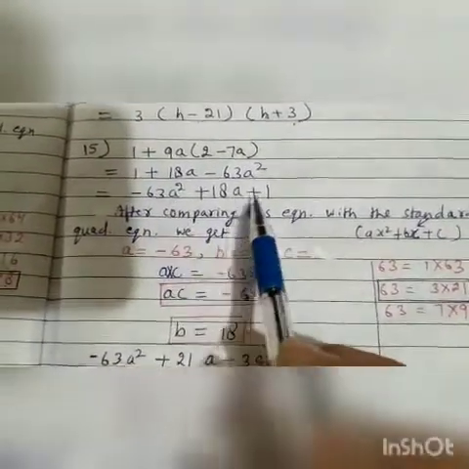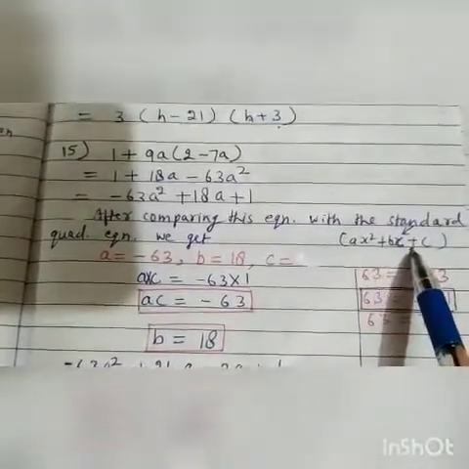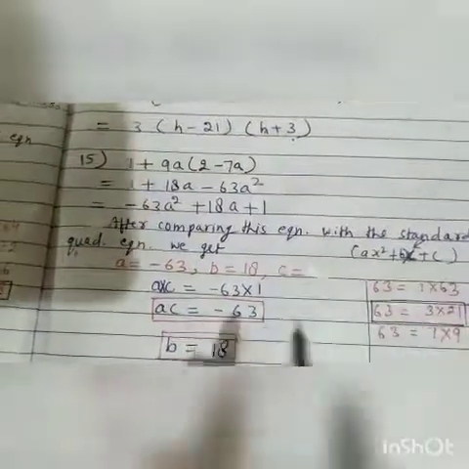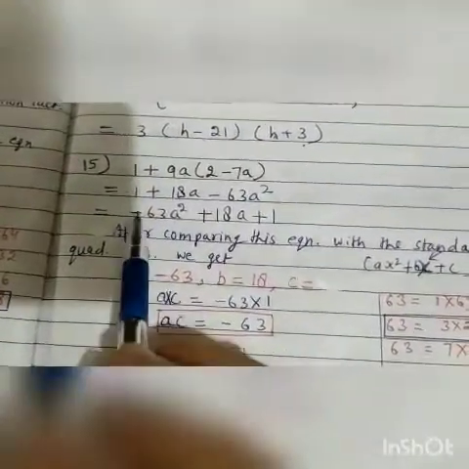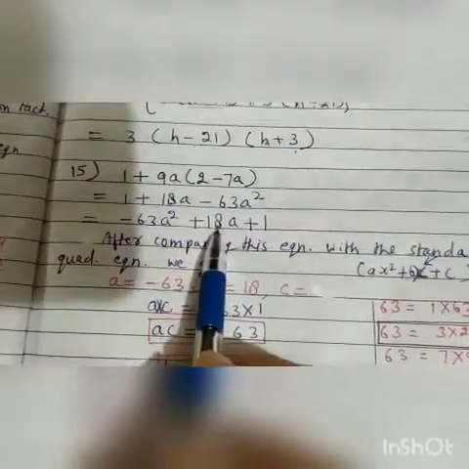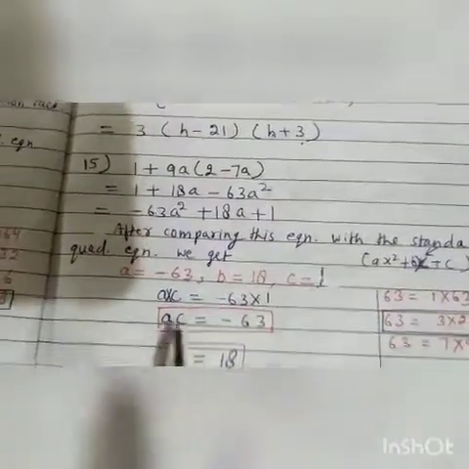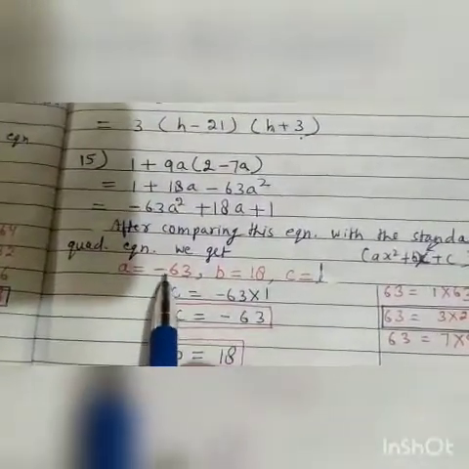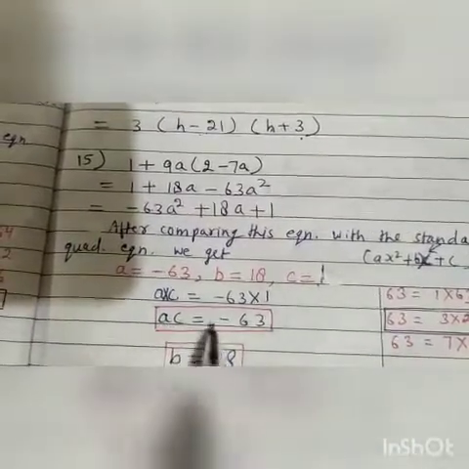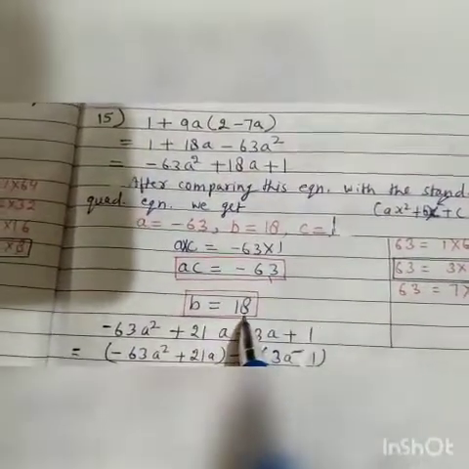Now we will compare this equation with the standard quadratic equation ax square plus bx plus c. We get the value of a is equal to minus 63, then the value of b is equal to plus 18, the value of c is equal to 1. Now a multiplied by c, minus 63 multiplied by this 1, so ac is equal to minus 63, then the value of b is equal to 18.